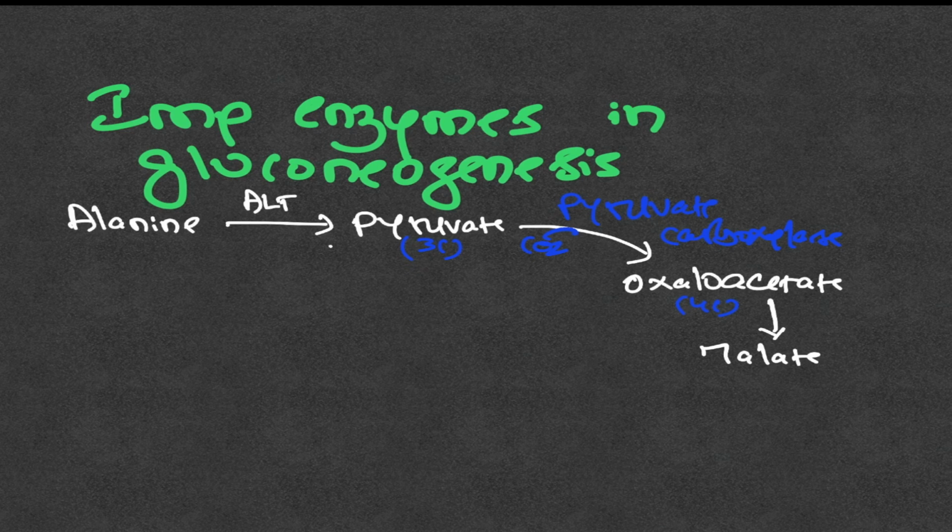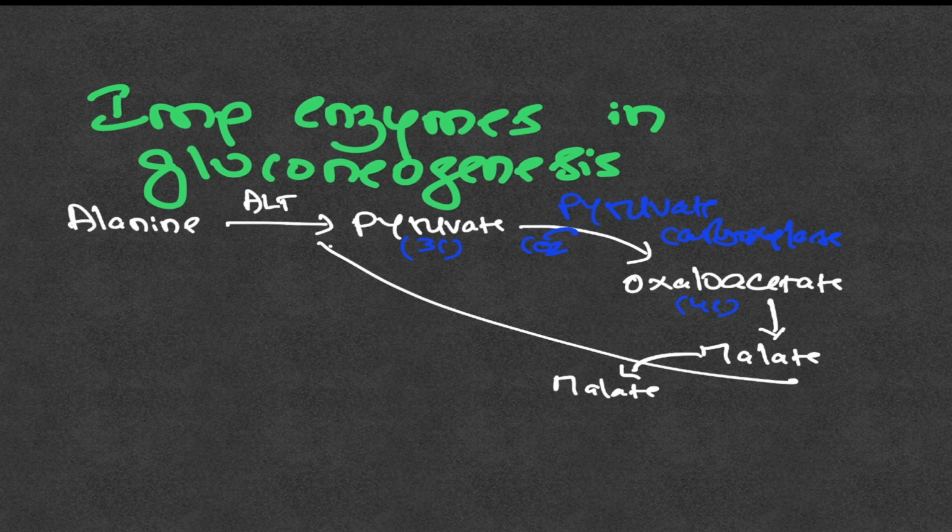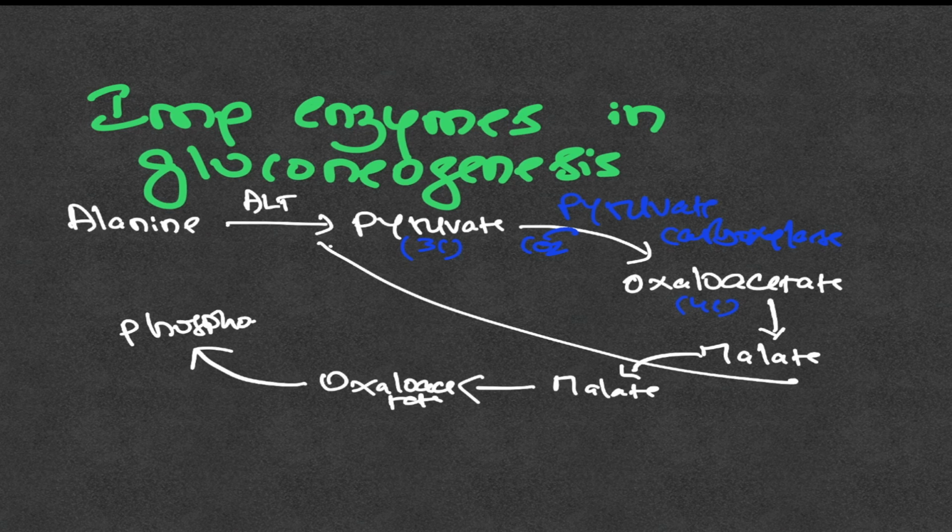All this is going on in the mitochondria. Malate comes out into the cytoplasm, and malate in the cytoplasm is converted back into oxaloacetate, and oxaloacetate is converted to phosphoenol pyruvate, a 3 carbon glycolytic intermediate.